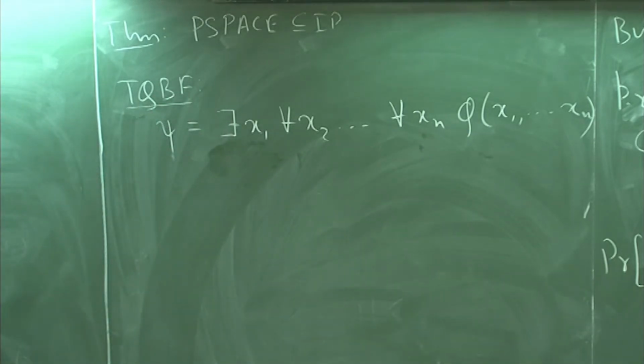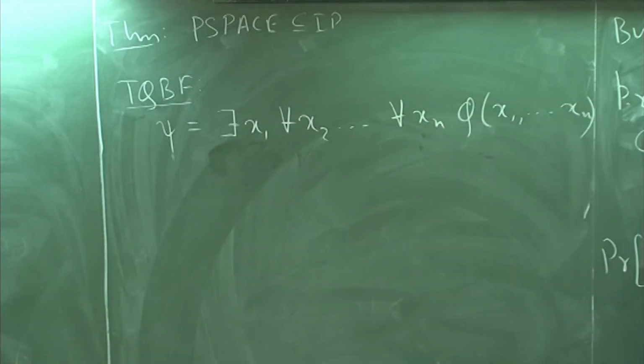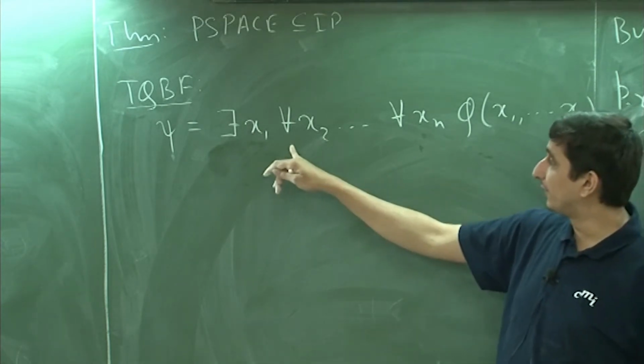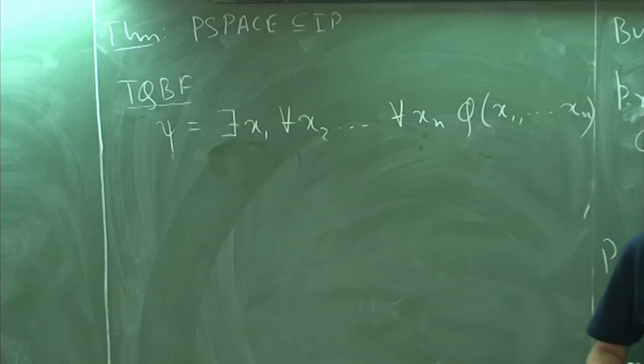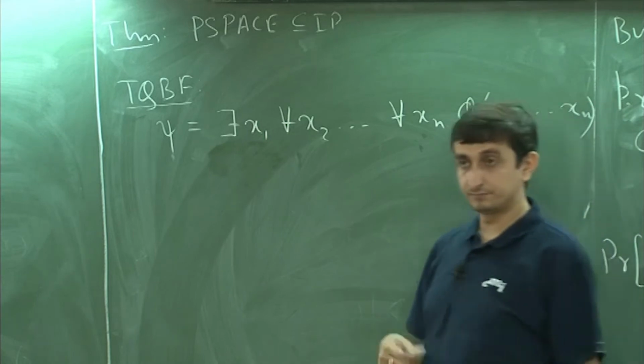It is basically the same as SAT, but in SAT every variable is unquantified. Here certain variables are quantified with a for all quantifier, that is, no matter whether you choose 0 or 1, it should evaluate to true.